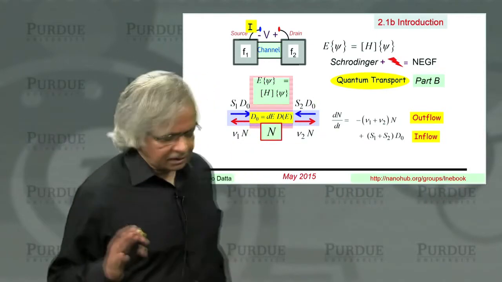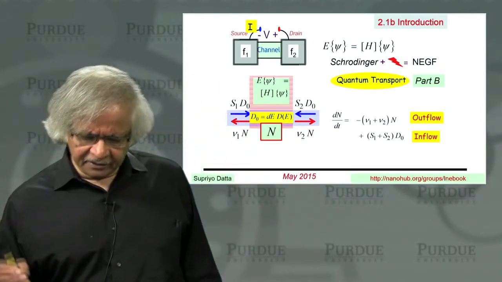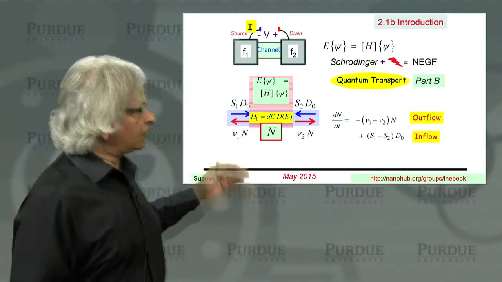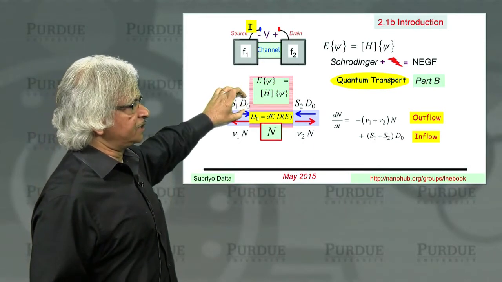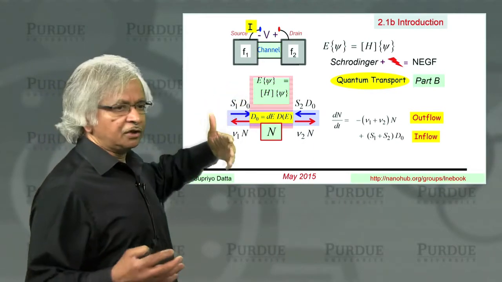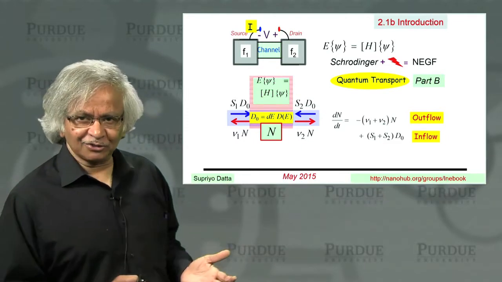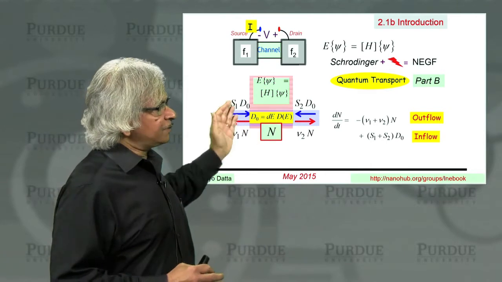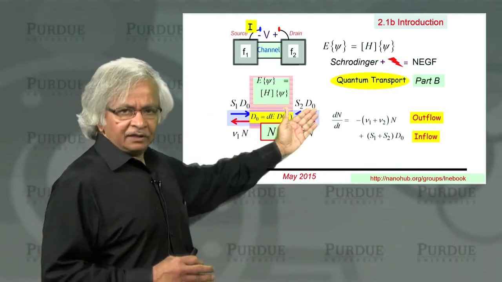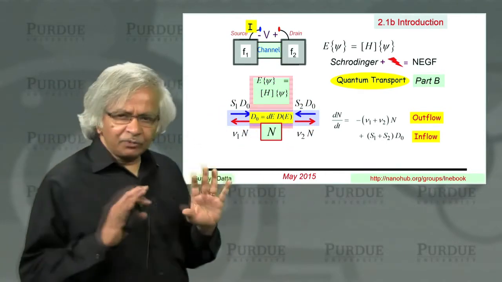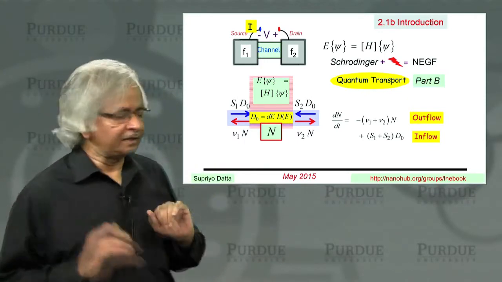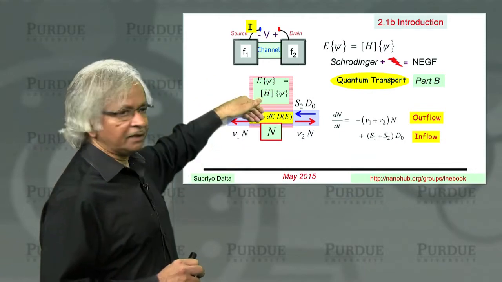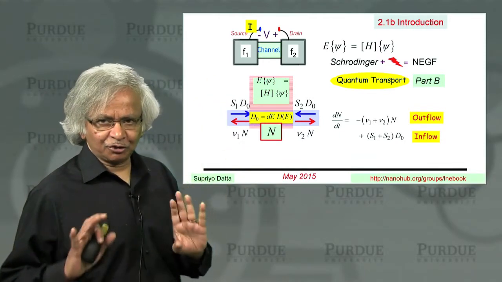One point that causes some confusion is people often say, don't you have to worry about the exclusion principle, that what comes in doesn't just depend on the states available, but also on which of them are blocked because of the exclusion principle. I'd like to mention that for elastic processes, where things are flowing without changing energy, the right way to think, and this isn't obvious really, is that electrons just flow out and new ones come in without any reference to the exclusion principle.